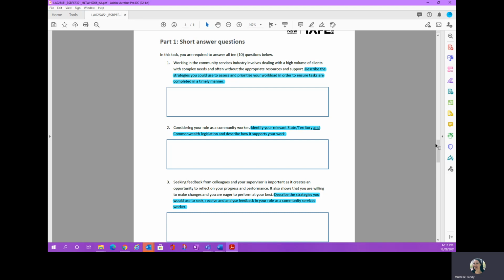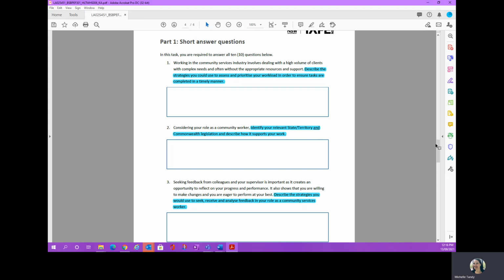We are looking for strategies, ways, different techniques that you might use to work out what is important, what needs to be done first to make sure that your tasks are done on time.